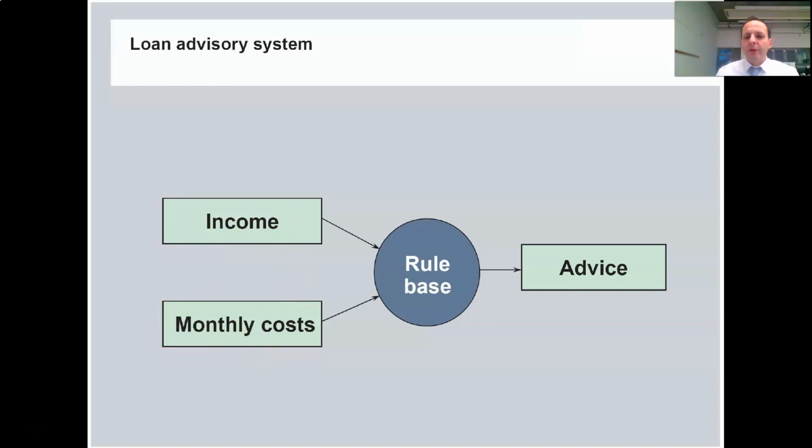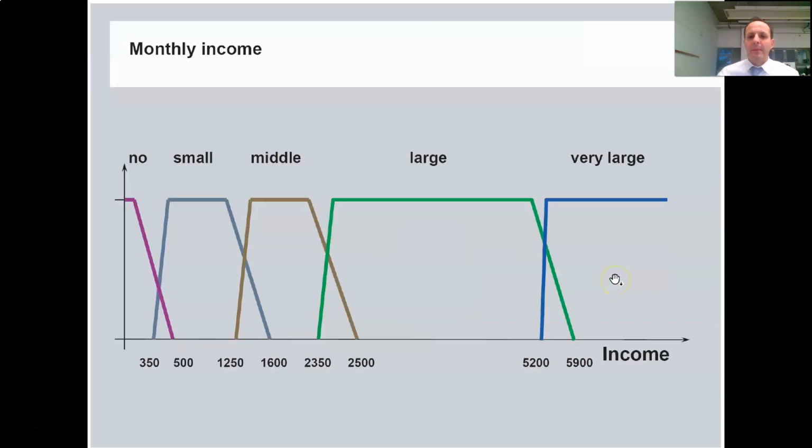And so it will provide, on the basis of a rule-based system, an advice, a suggestion on whether this person is reliable to return the loan, if it is agreed by the bank.